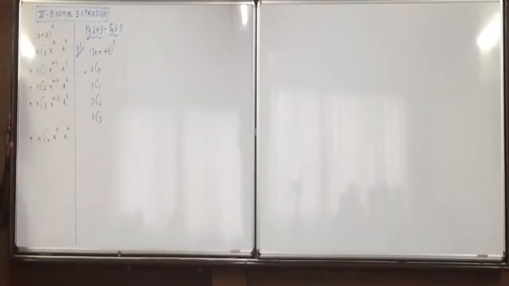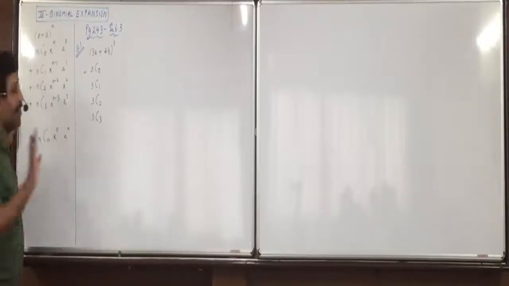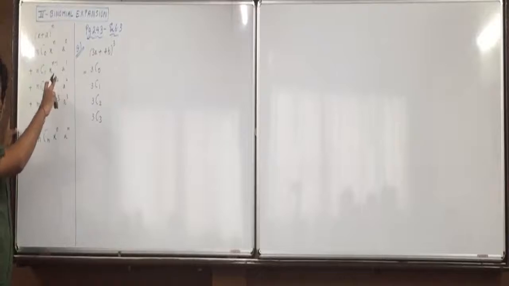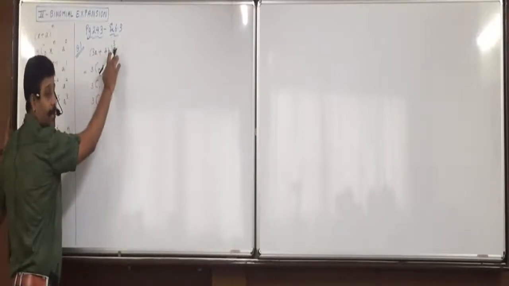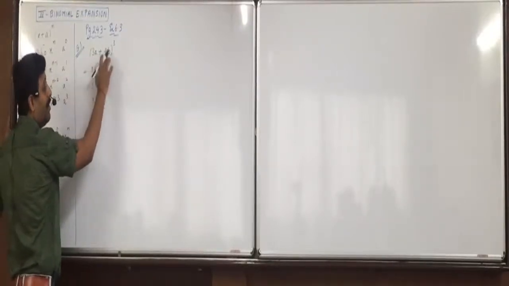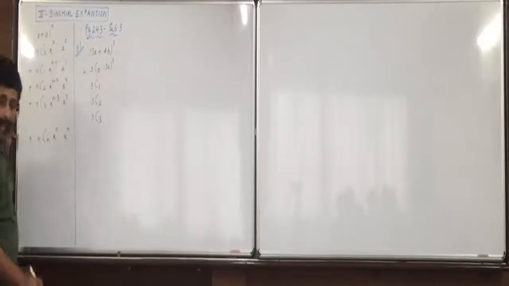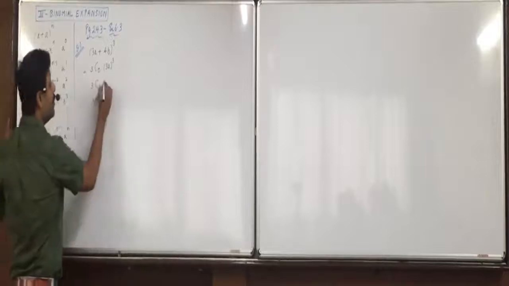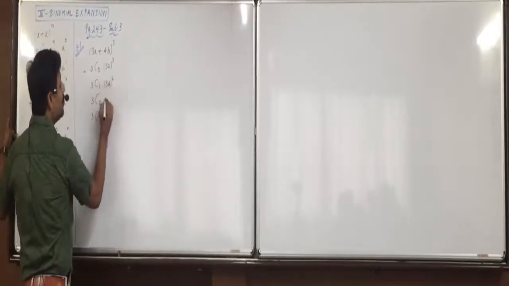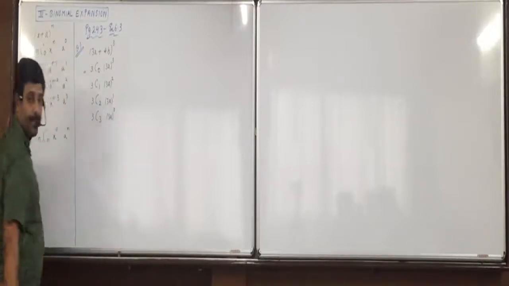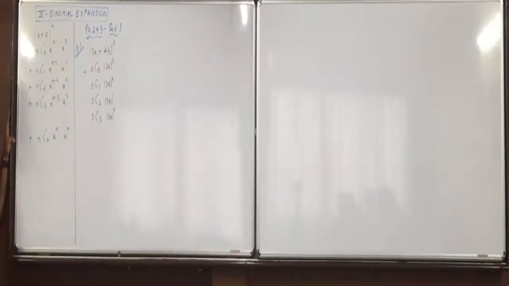Written that? Now see here, first variable is 3a. All of you be ready. First variable is 3a. And power is? We'll start with 3a raised to 3 and keep on decreasing: 3a raised to 2, 1, 0. Understood that? Write it down.